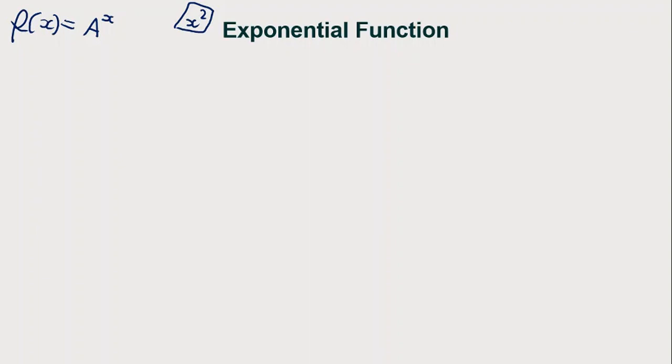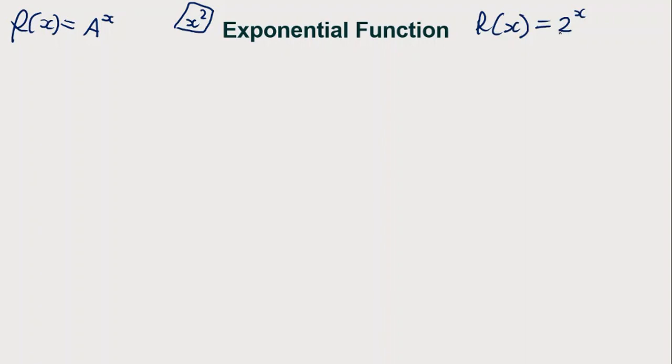They are everywhere, really. As soon as there is a growth which is proportional to the size of the value at a given point of time, exponential functions are used to describe it. Now, in exponential functions the base could be any number, so I can have a function f of x with base 2 raised to the power of x.